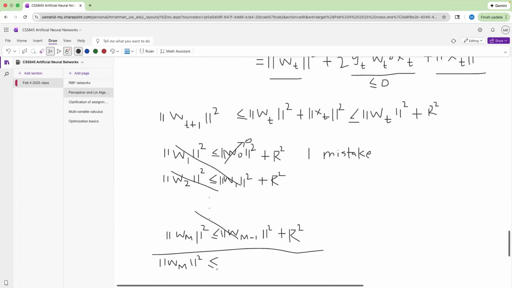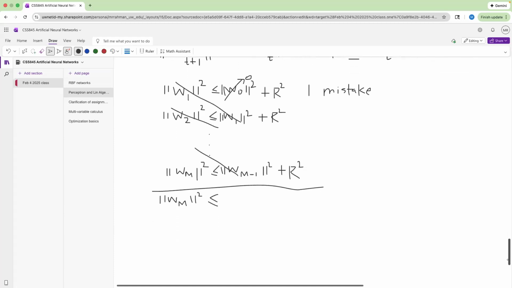And what do we have left on the right hand side? How many R squares will we have here? Same argument as before with the dot product between Wm and W. If we have m iterations here, how many copies of R² do we have on the right hand side?